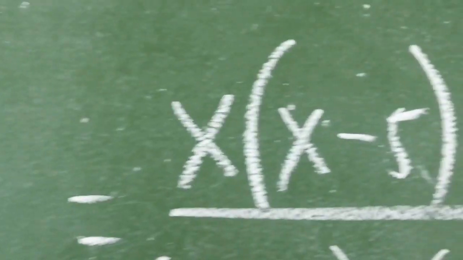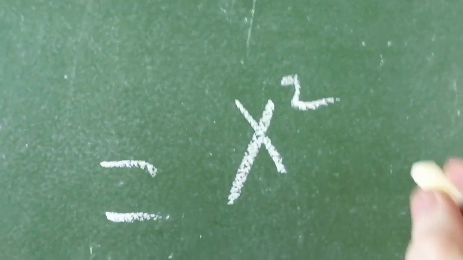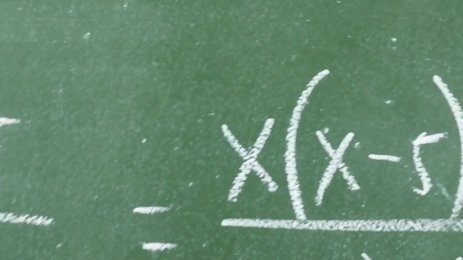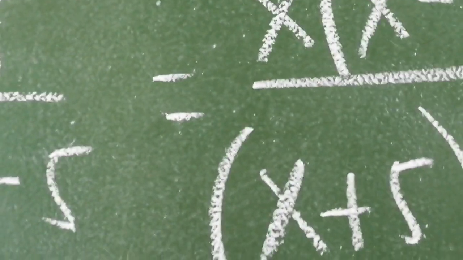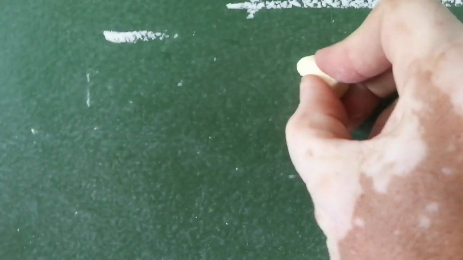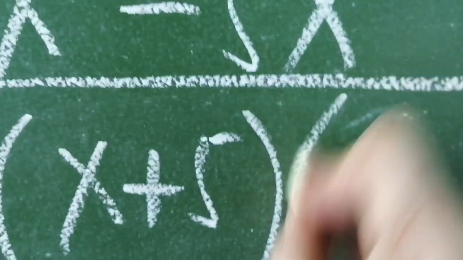So you multiply x times x is x squared, and then minus 5x, all over, just write the denominators, x plus 5 times x minus 5.